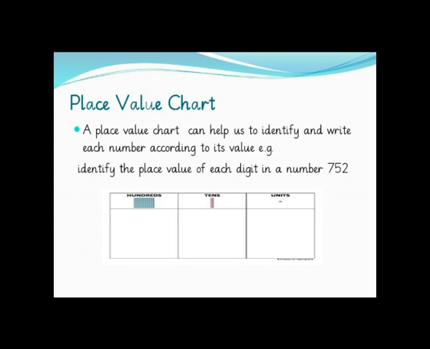Now, observe the given place value chart. There are 3 columns for units, tens and hundreds separately. Now within the number 752, we have 2 units, which means 2 blocks. We have 5 tens, which means 5 bars.